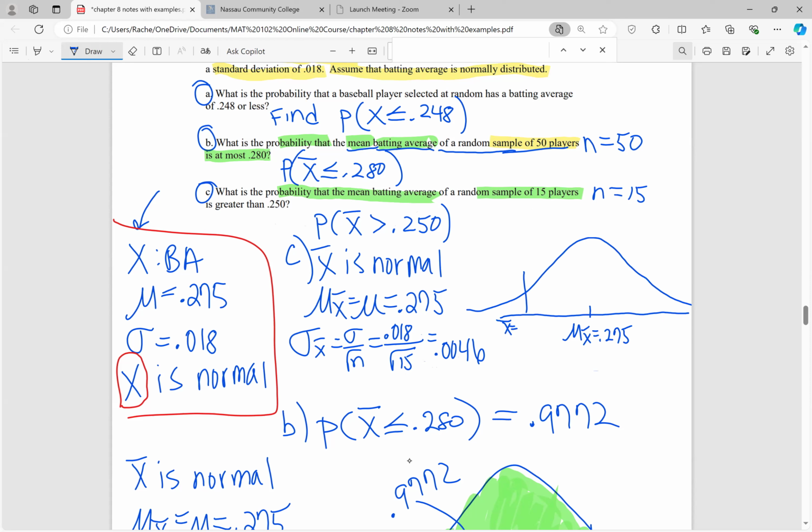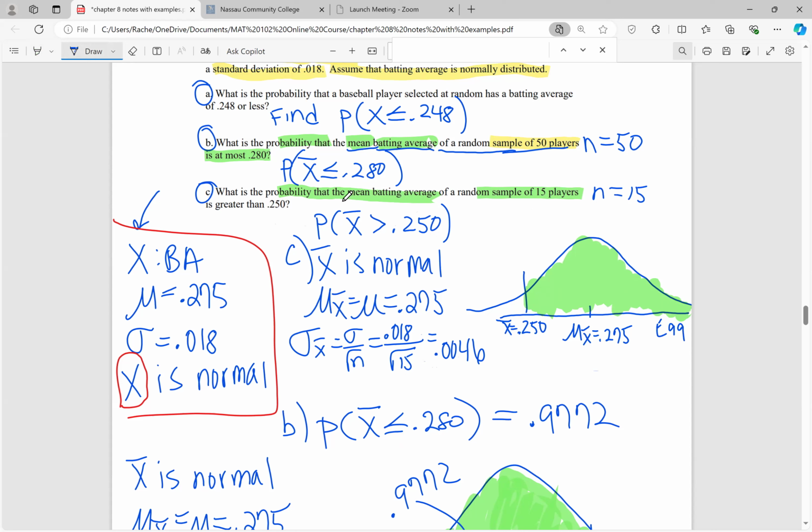So let's say here's x bar is equal to 0.250. And we want to find the area greater than. So I'm going to shade the area to the right. And since this is a normal distribution, again, we could use normal CDF. My lower, where the shading begins from the left, is 0.250, and we're shading indefinitely to the right, so the upper is going to be E99.